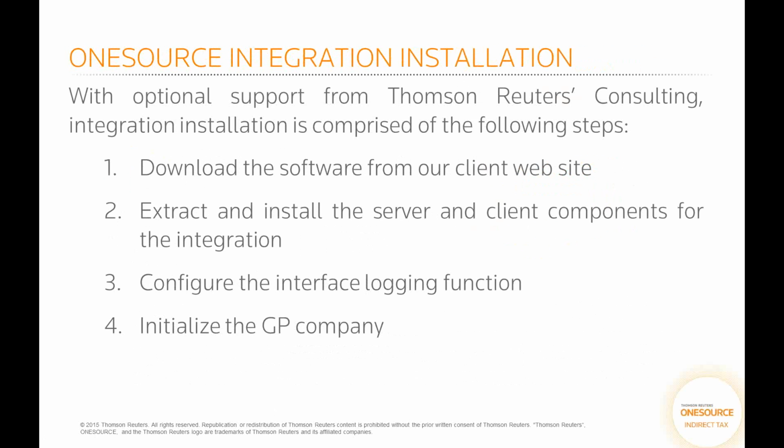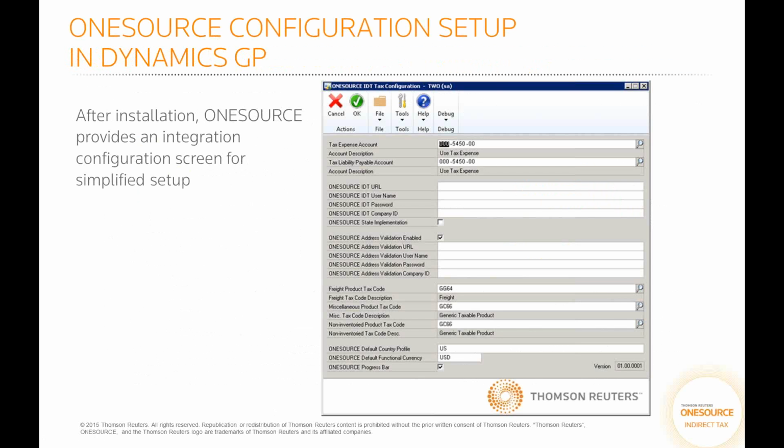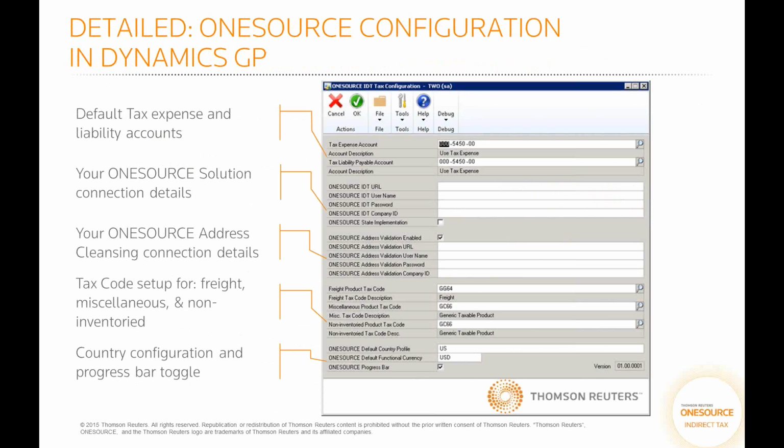And once you start your Dynamics GP, it will recognize that the new integration code is available. You will see then a new set of menus that have been added to the system, and then, of course, some configuration will have to be done for GP to work with ONESOURCE determination.